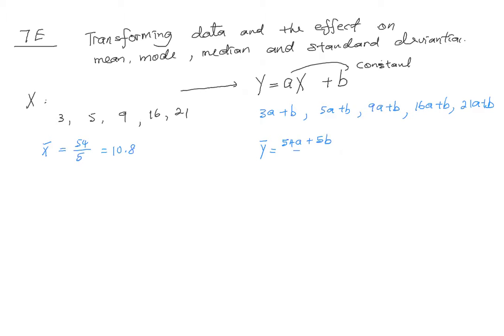Then I divide by 5, so I got 10.8A plus B. So it means the mean for Y, you follow the formula, is A times the mean for X plus B.